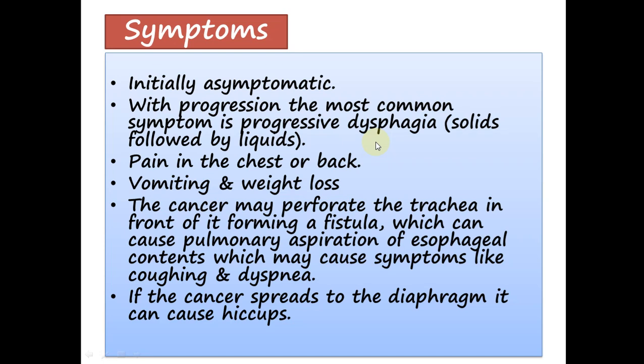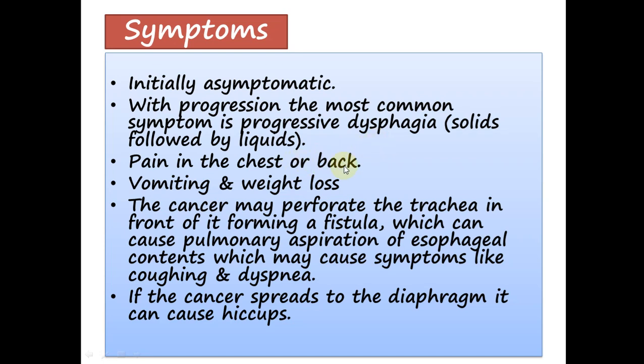By this we can say that the cancer has spread a lot, and it has caused narrowing of the esophagus. Initially this patient had difficulty swallowing solids, now it is difficult to swallow liquids, and mostly this is a late stage.